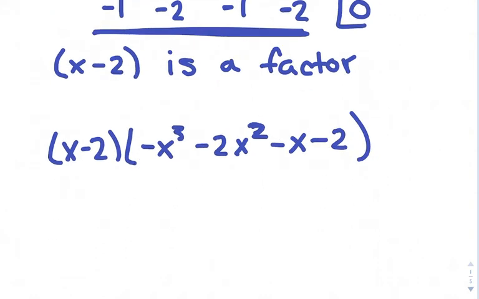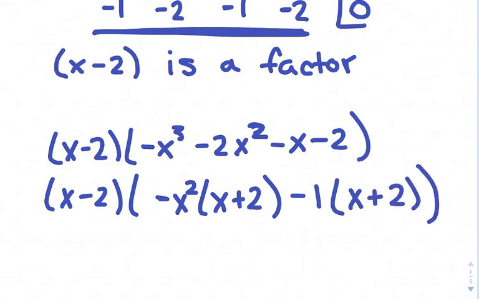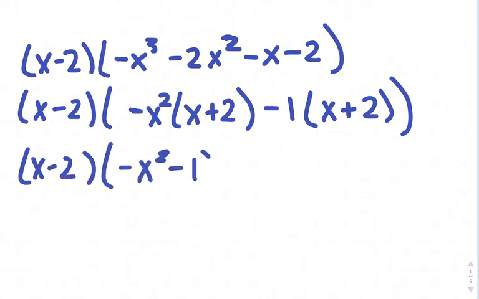Here I'm going to factor by grouping. So we're going to get negative x squared times x plus 2. And then I'm going to pull out a negative 1, so I'm left with x plus 2 again. So that was factor by grouping. So now I have to group my terms. So I get negative x squared minus 1, and then x plus 2.